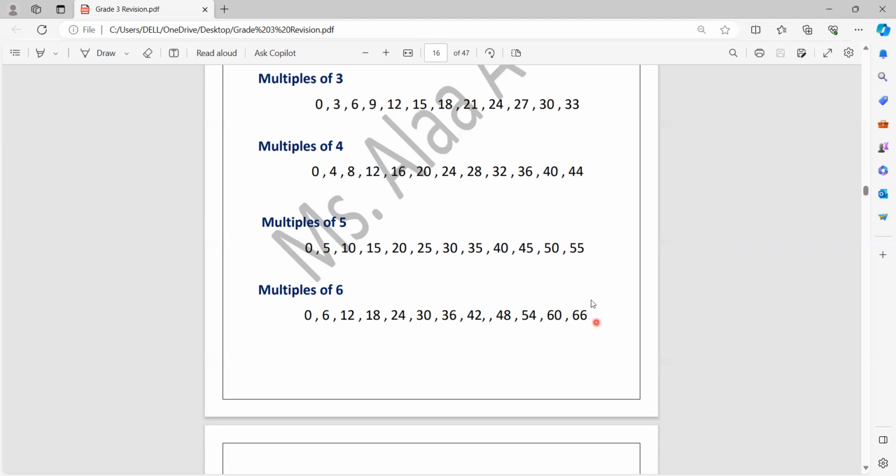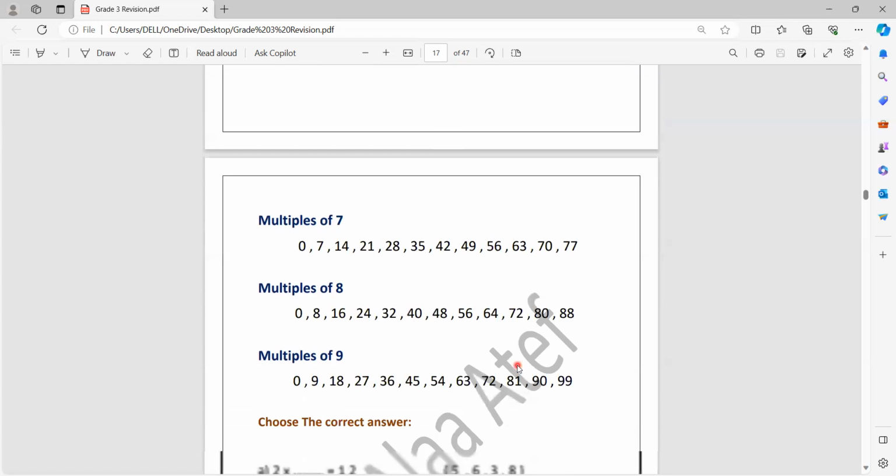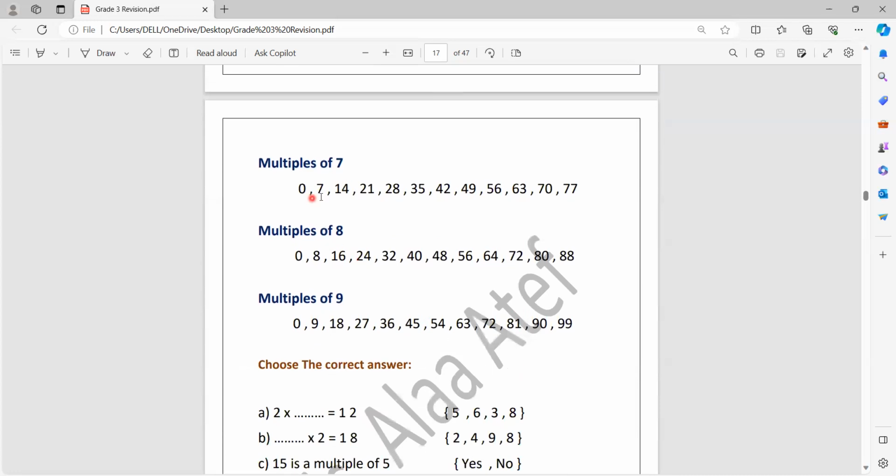And of course, 6 times 11 is 66. We have also multiples of 7, multiples of 8, multiples of 9. So revise all the timetables and save them well.